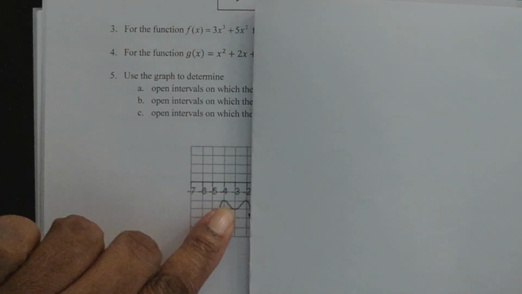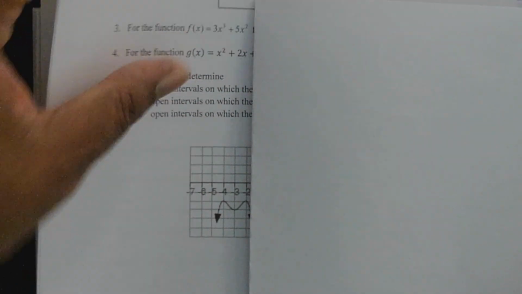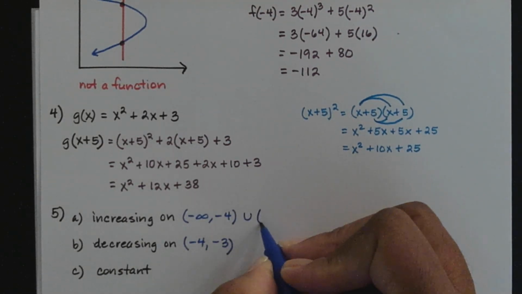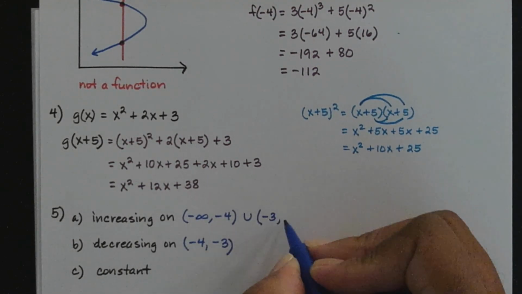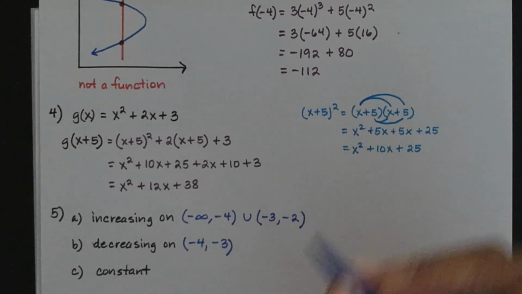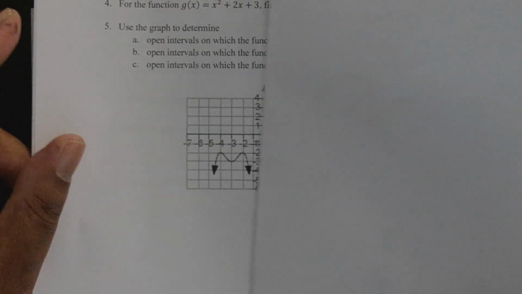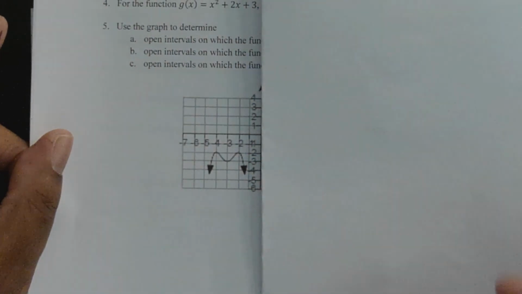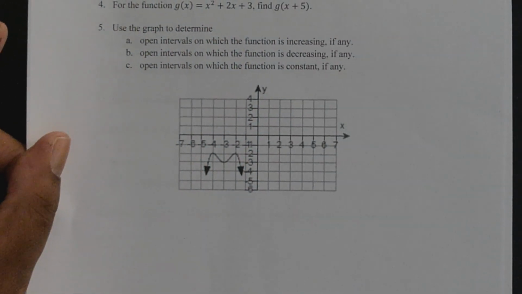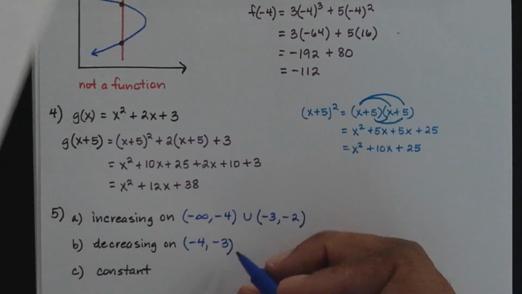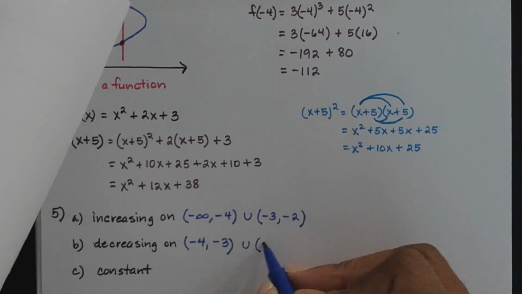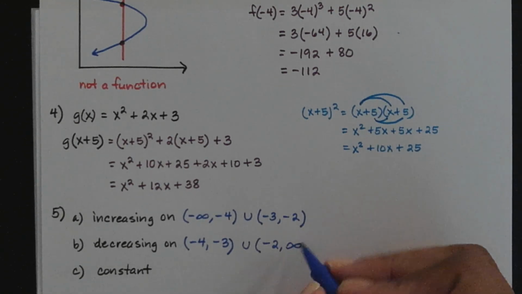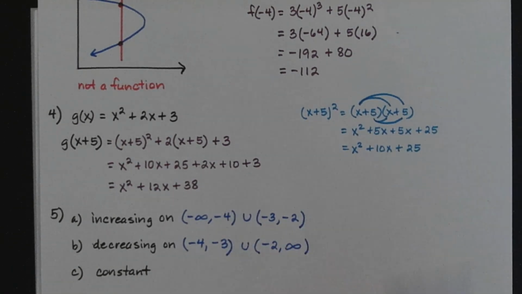So between -3 and -2, the graph of that function is increasing. I'm going to do this union, -3 to -2. And after -2 it's decreasing, from -2 on to infinity. So from -2 to infinity, it's also decreasing.